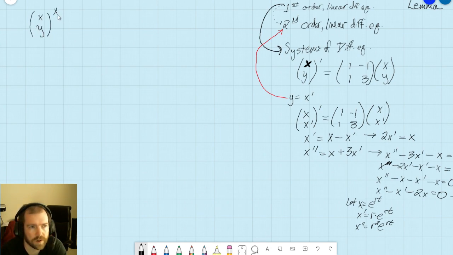All right, so x prime equals the matrix 1, negative 1, 1, 3.